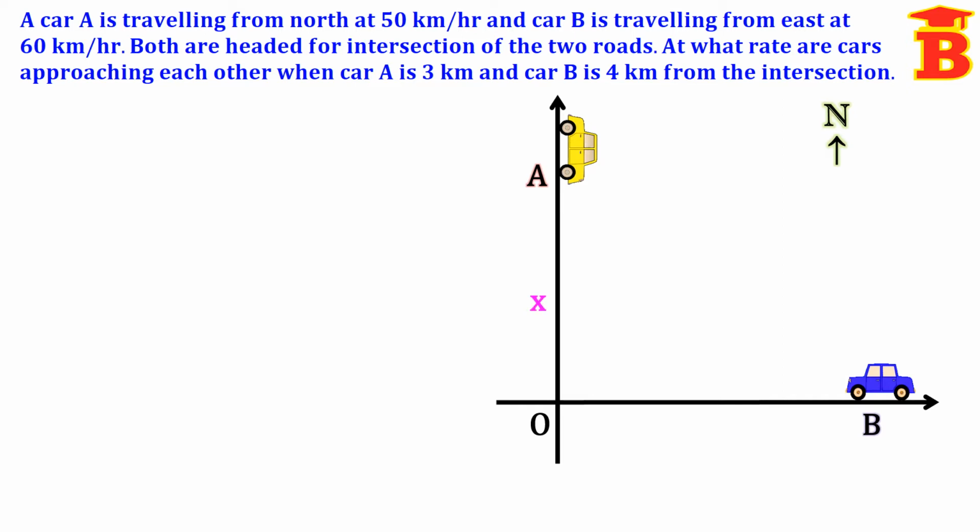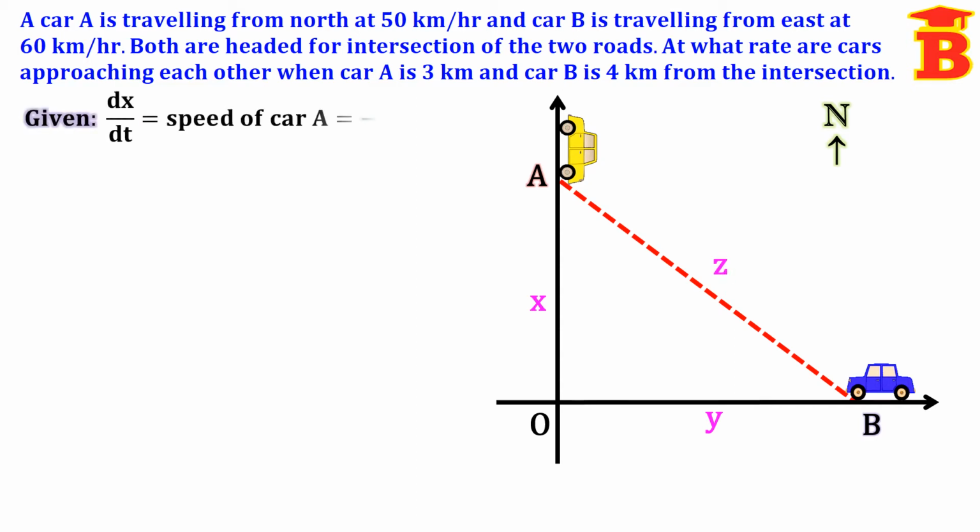Now let car A distance be x and let car B distance be y. And the distance between A and B is z. So when the cars are moving, the distance is also changing. So we have to find that rate only, that is we have to find dz by dt.